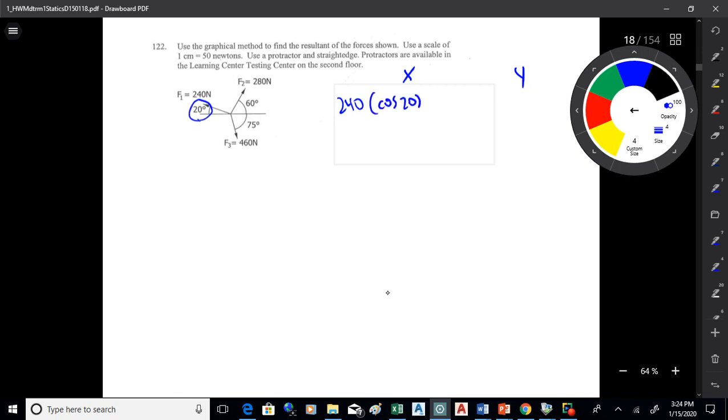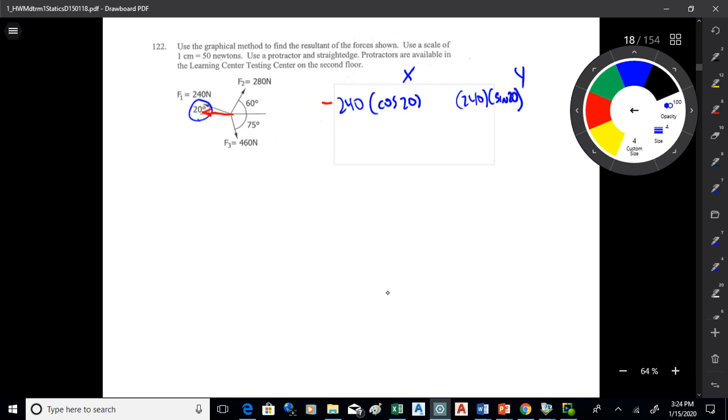But I'll notice that that vector points to the left, so that'll be negative 240 cosine 20 for the X component. And then for the Y component, that'll be sine, so 240 times sine of 20.